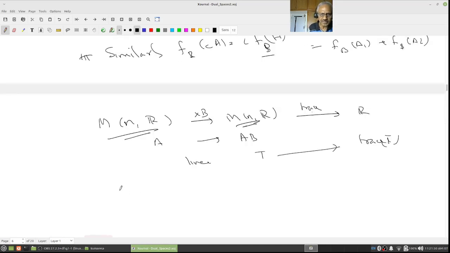Therefore my f_B is a composite. Call it mu_B, multiplication by B. Therefore this is the composite of trace with mu_B. Right? And these are linear maps, therefore the composite is a linear map.